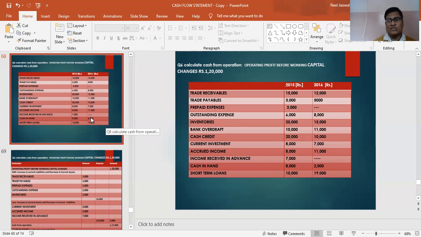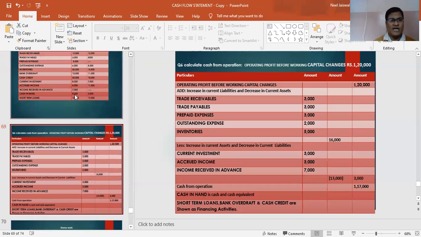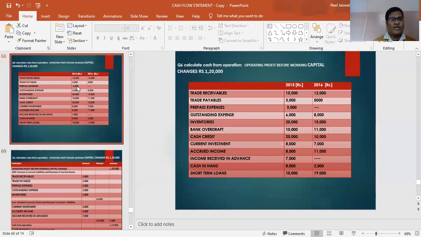So current investment has reduced. Oh, I have treated current investment as added. One sec, students. Current investment has reduced. One more thing, the bank overdraft and cash credit will not come over here because both of them will be taken in cash and cash equivalent.